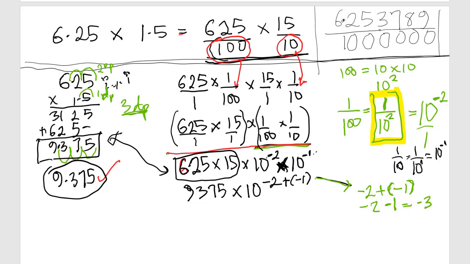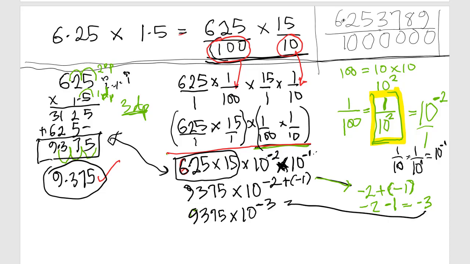Okay, so to get this, you have to say 9375 times 10 raised to power minus 3.